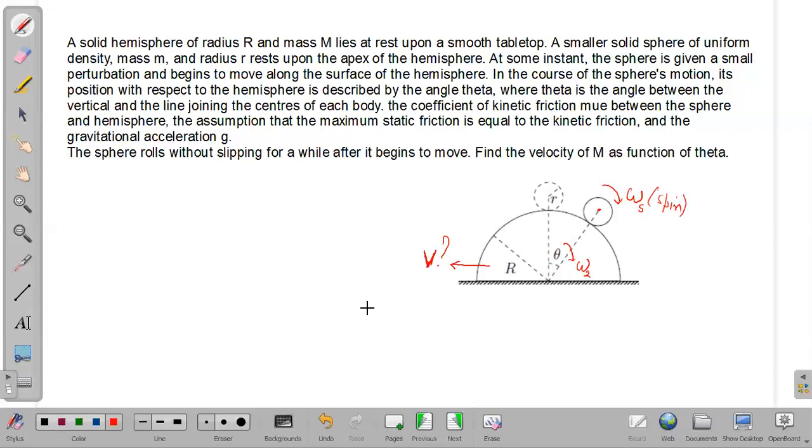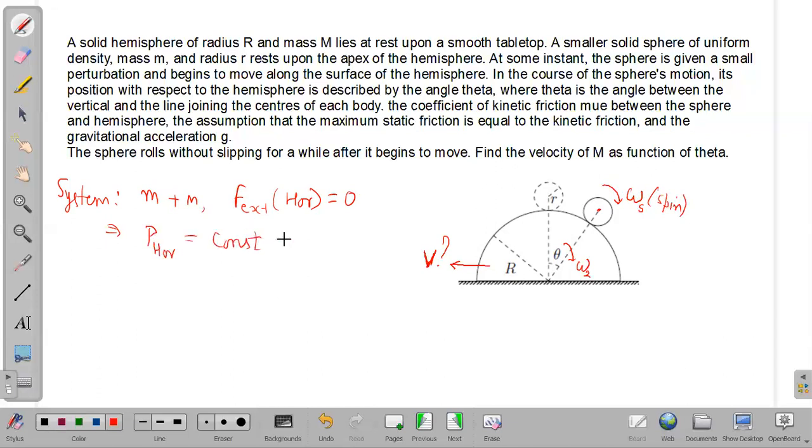If I consider the system as small m plus capital M, I find no external force in the horizontal direction, and therefore the linear momentum in the horizontal direction has to be conserved, that is constant.